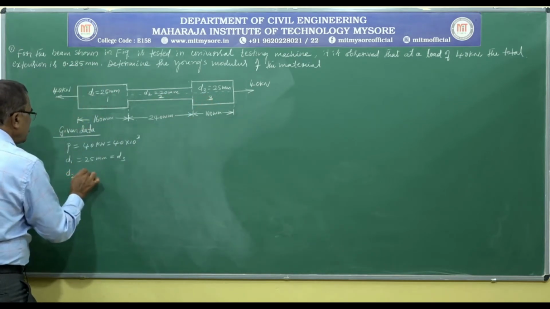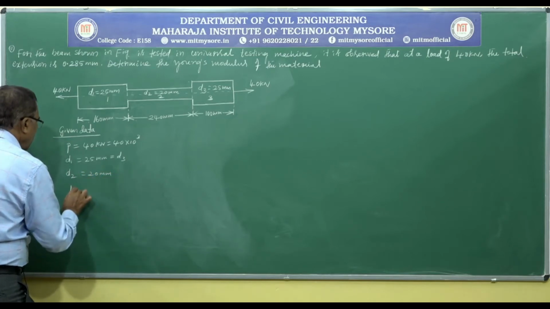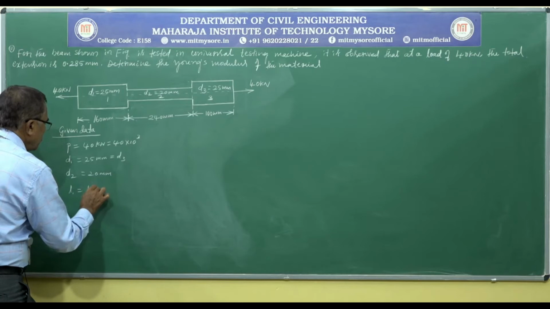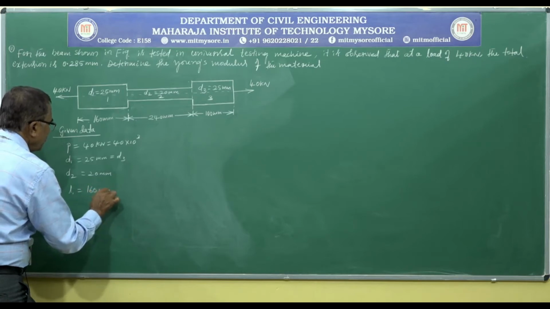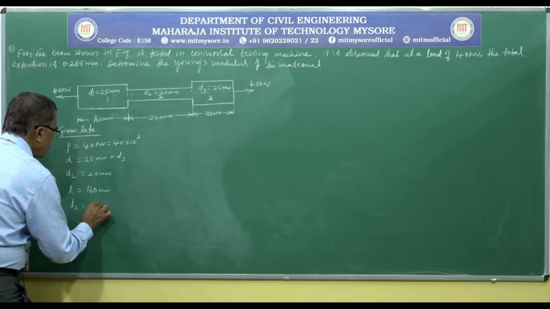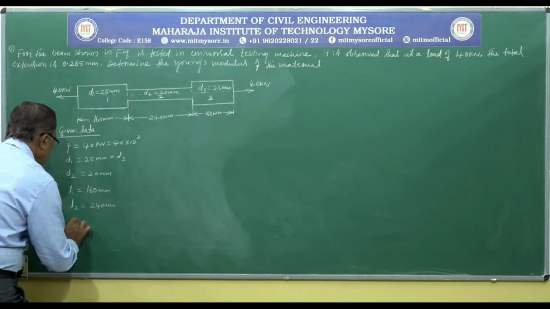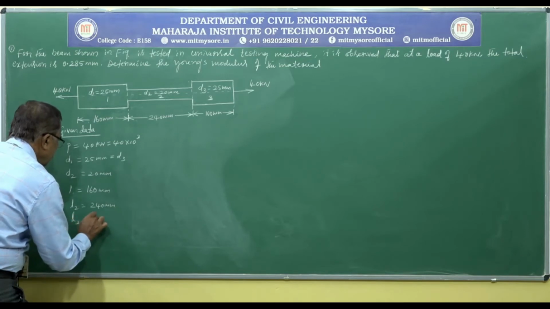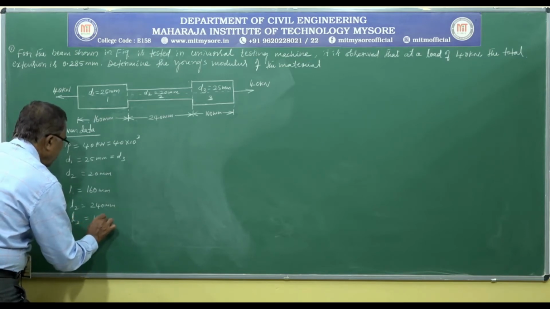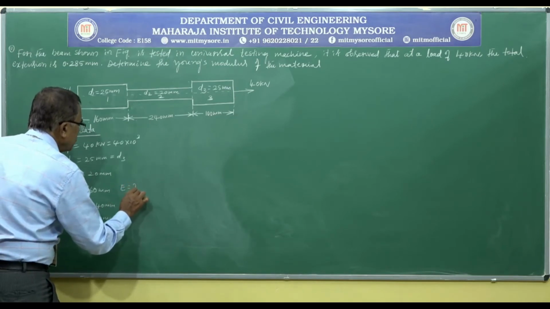Then D2 is equal to 20 millimeter, L1 is equal to 160 millimeter, L2 is equal to 240 millimeter, and L3 is equal to 100 millimeter. It is asked to find Young's modulus of the material.